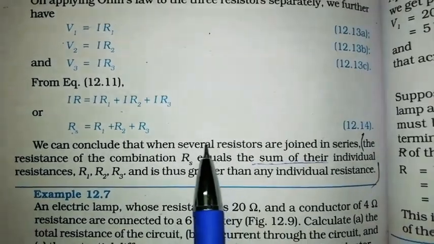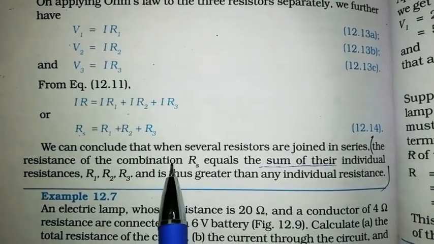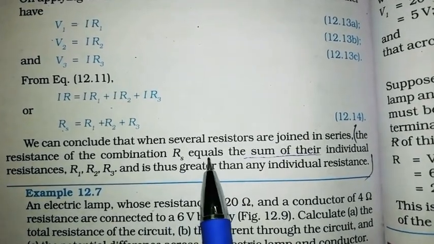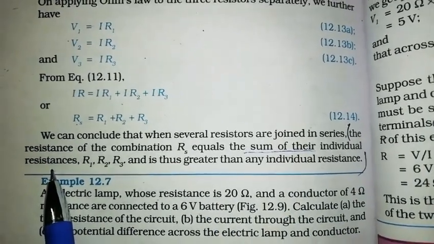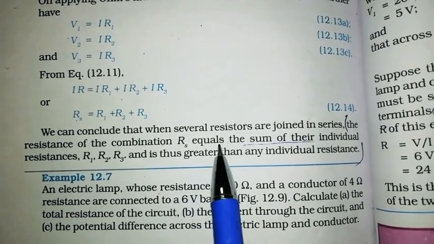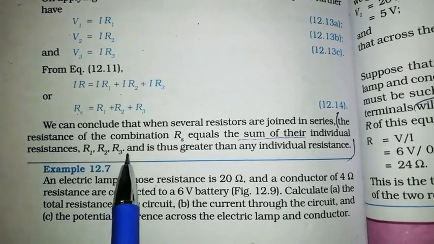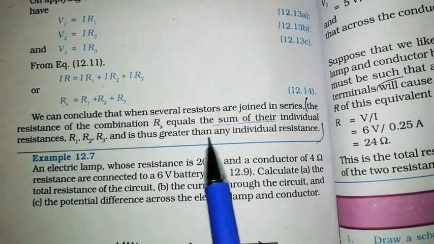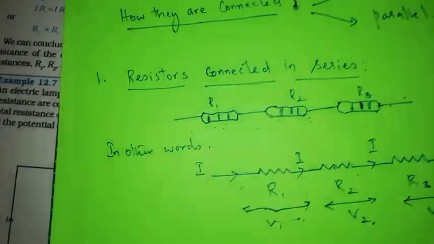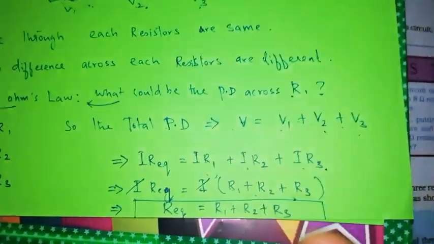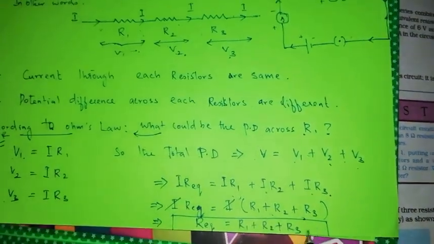So we conclude that when several resistors are joined in series, the resistance of the combination Rs equals the sum of their individual resistances, R1 plus R2 plus R3, thus greater than any individual resistance. Okay, that is what we are learning here. So R equivalent is equal to R1 plus R2 plus R3.